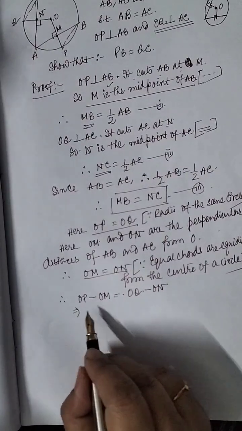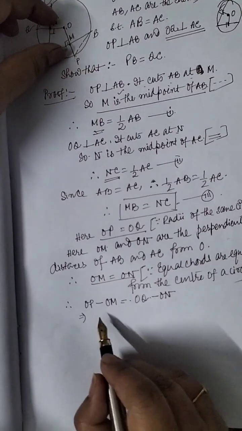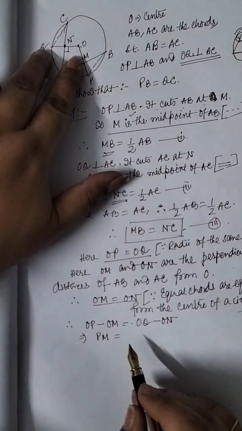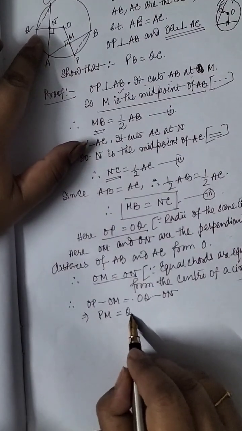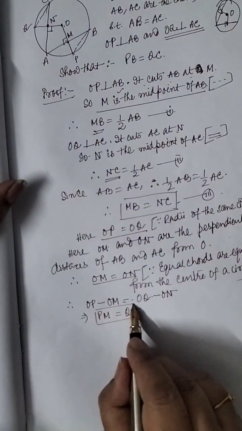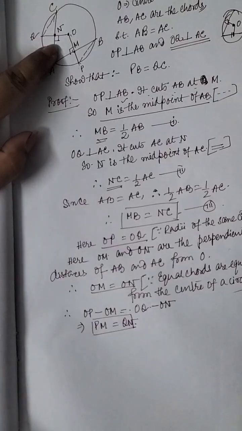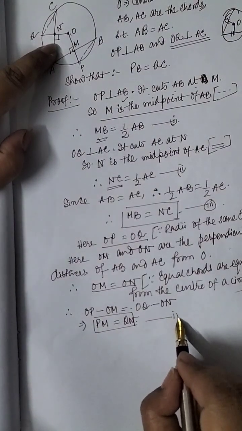So what does it give? OP minus OM will give us PM, and OQ minus ON will give us QN. Right? So this is another relation. So here we find PM's length equals to QN's length. Let's make it as equation number 4.